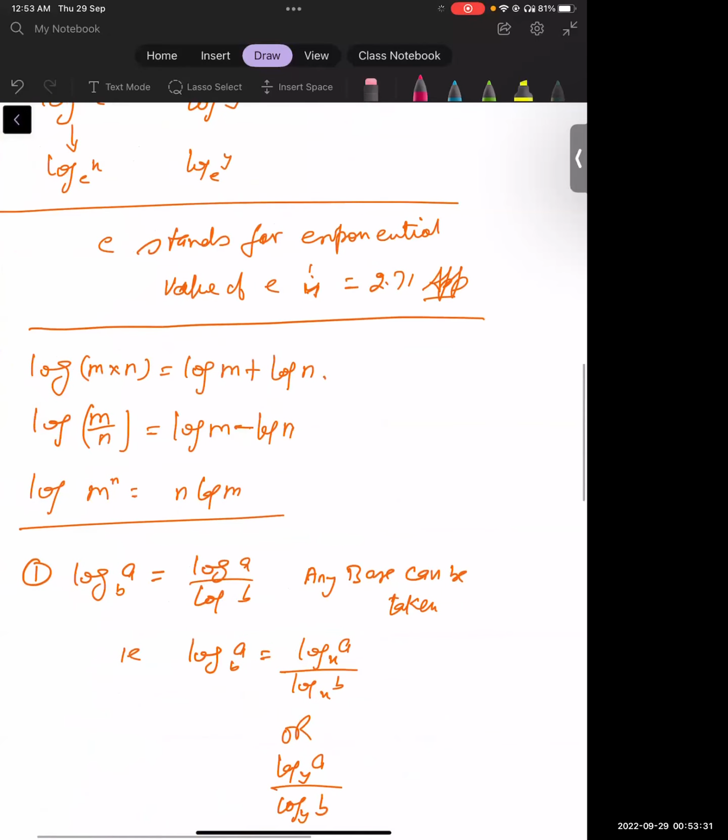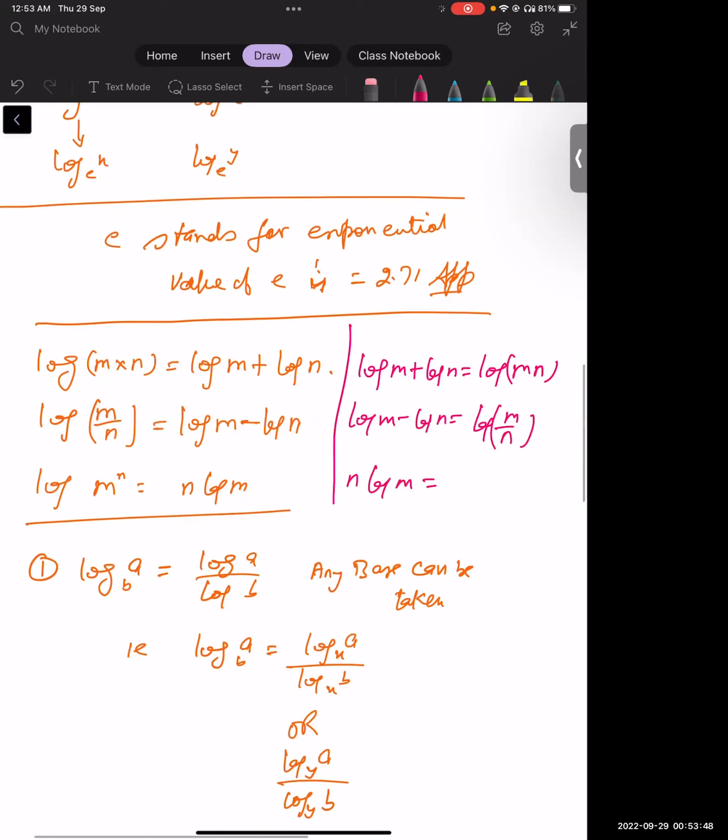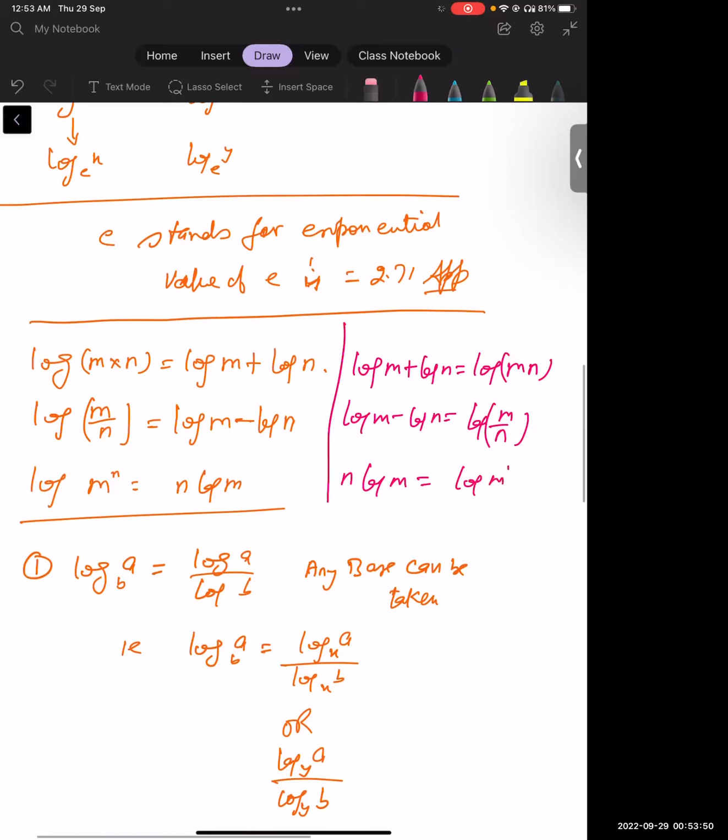Now they can be reciprocal also. They can be written as log m plus log n is equal to log (m into n), right? Log m minus log n is log (m by n). That is true. And n log m, I can take it to be power. It is log m to the power n. That is true.